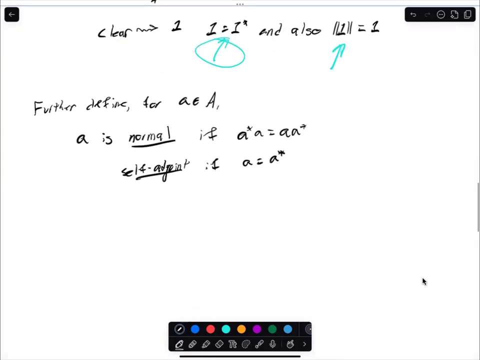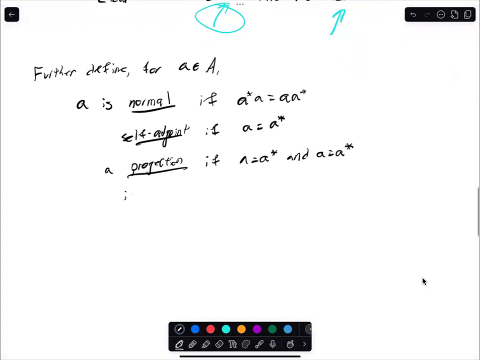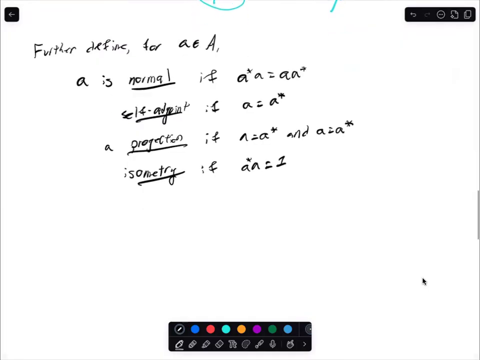It's called a projection if it is a self-adjoint idempotent. It's called an isometry if the product of A with its adjoint on the left is equal to the identity.